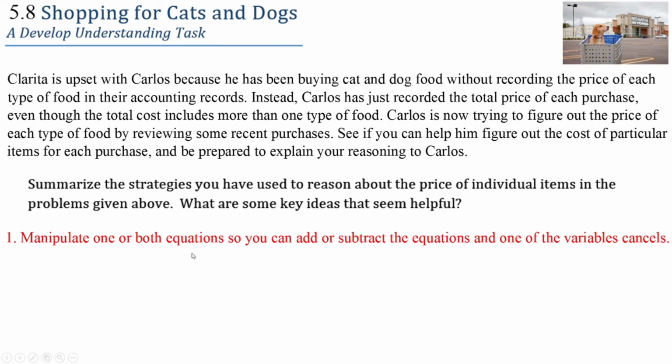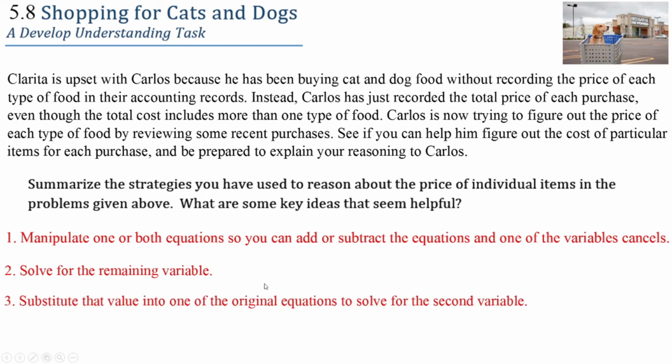Manipulate one or both equations so you can add or subtract the equations and one of the variables cancels. And then you solve for the remaining variable, and now you have a value for your second variable. Can't we substitute that value into one of the original equations to find the other variable? So 3, substitute that value into one of the original equations to solve for the second variable. That's it in a nutshell.